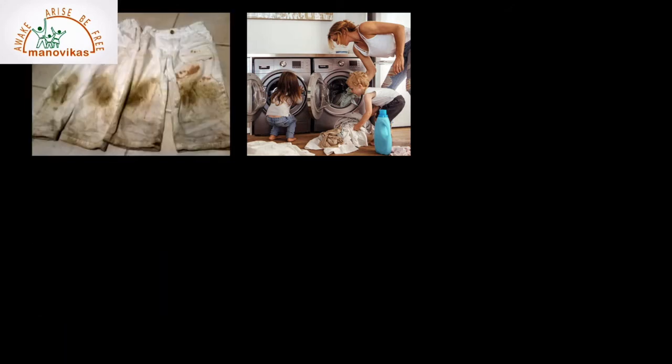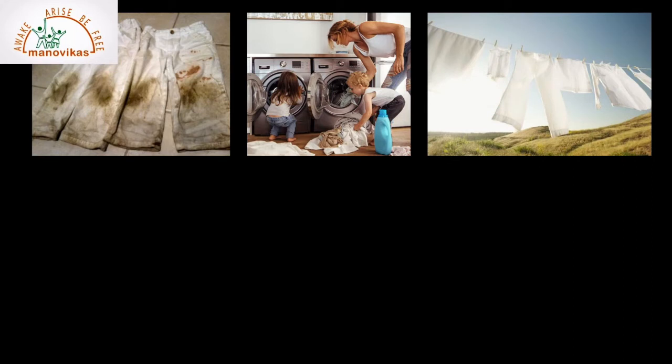These dirty clothes, when put in the machine, it washes them and gives us clean washed clothes. So the input here is dirty clothes. The processing is done by the washing machine and the output given to us are clean washed clothes.